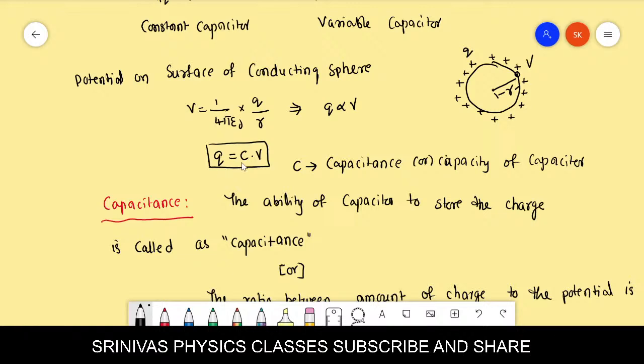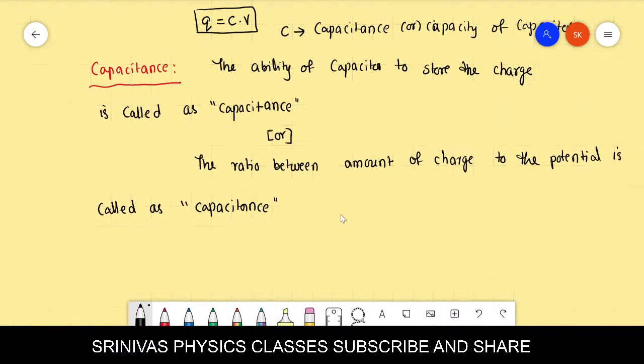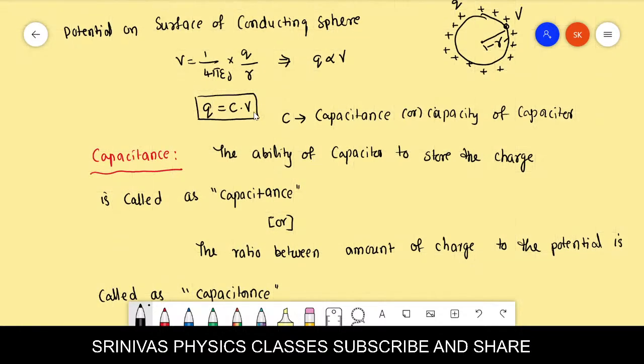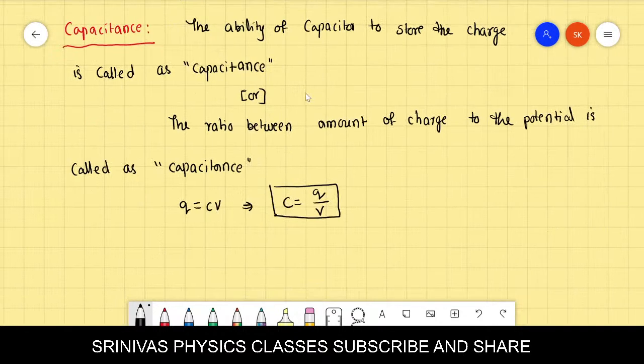The amount of charge stored on the capacitor is equal to C into V. From that we can write the formula C is equal to Q by V. Generally the capacitance formula appears as the ratio between charge and potential, but the capacitance is independent of charge and potential. Capacitance does not depend upon the charge and potential, because when the charge increases, the potential also increases, but the capacity does not change.